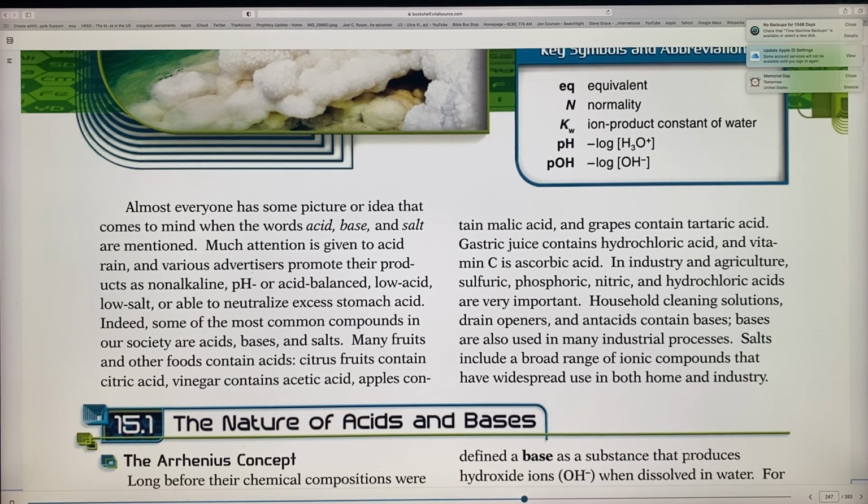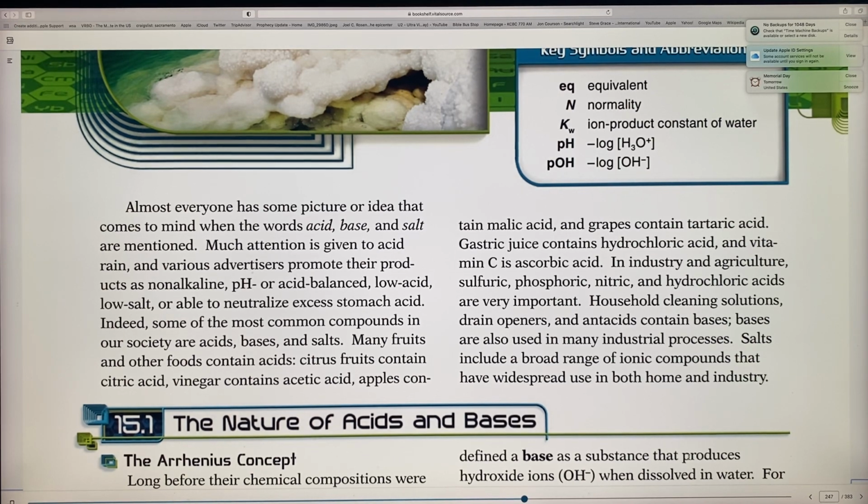Salts, there's a wide range of salts and a lot of different ionic compounds that make different kinds of salts. Things like sulfuric acid and phosphoric acid and nitric acid combining to make these salts. Also, a lot of different household cleaning things like drain cleaners are bases, and other bases are like antacids. When you take your Alka-Seltzer or any kind of antacid, it's basically going against the acid in your digestive tract, right?